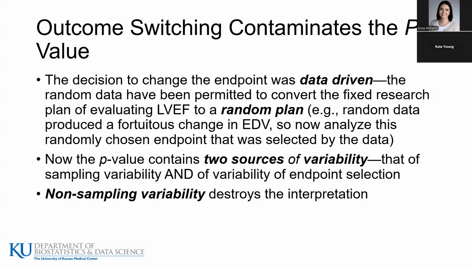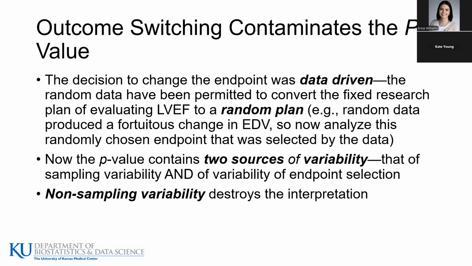Now the p-value will contain 2 sources of variability: both the sampling variability from the 3 researchers taking 3 different samples, and also the variability of changing the endpoint selection. This variability introduced by something other than sampling is what destroys the interpretation of the p-value.